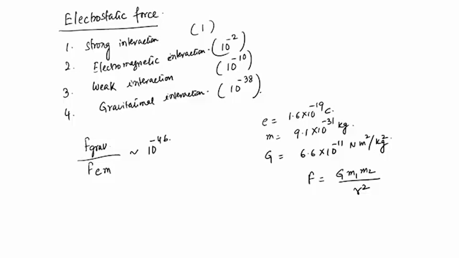So, electromagnetic force is quite strong, at least as compared to the gravitational force. As you see in this ordering of the forces, it is only 2 orders of magnitude lower than the strong interaction.